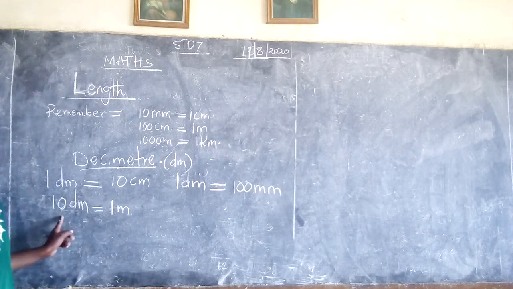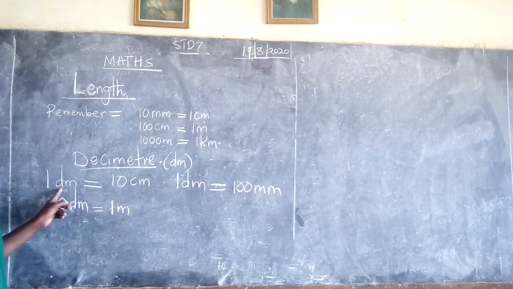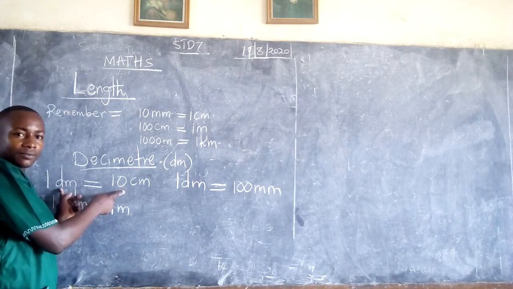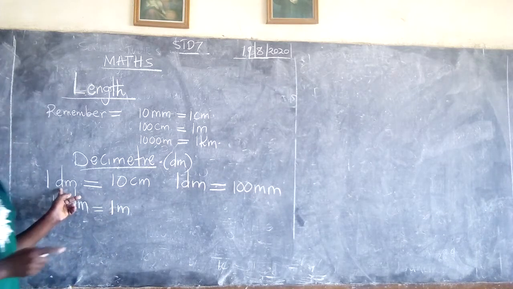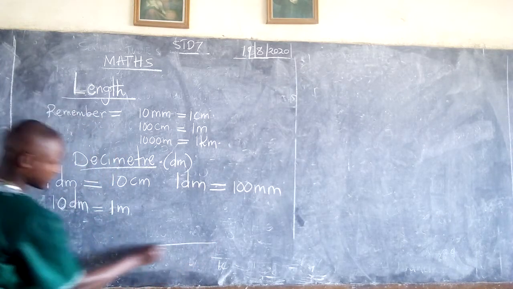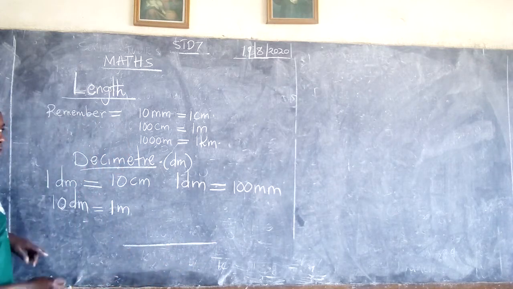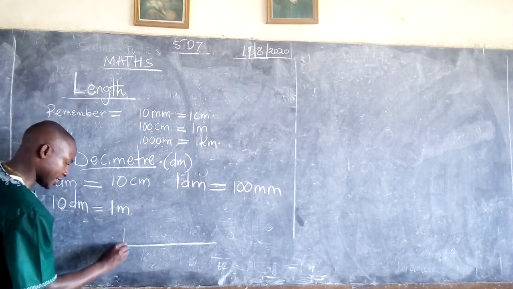So when you look at a decimeter, it is bigger than a centimeter. If you take your ruler, let's assume this is your ruler, it is calibrated in this way.